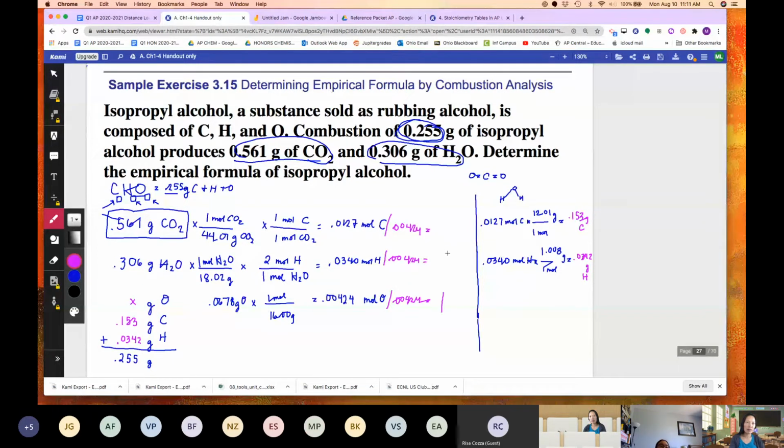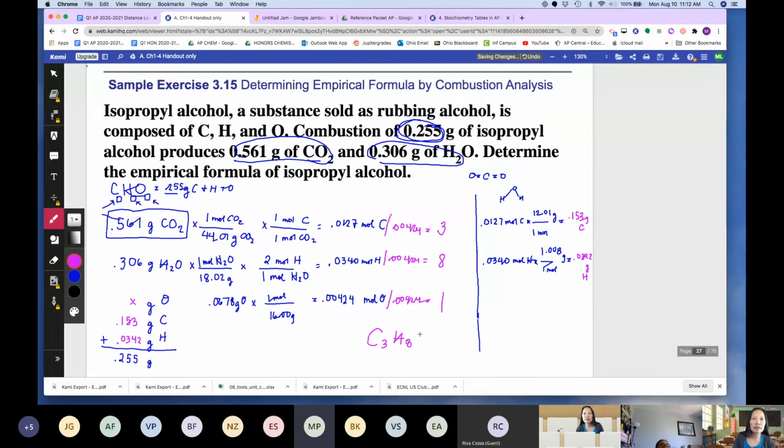What is this one? 7.99. I can round that to 8. And then this one is 3. Yep. Okay, so the empirical formula is C3H8O1.